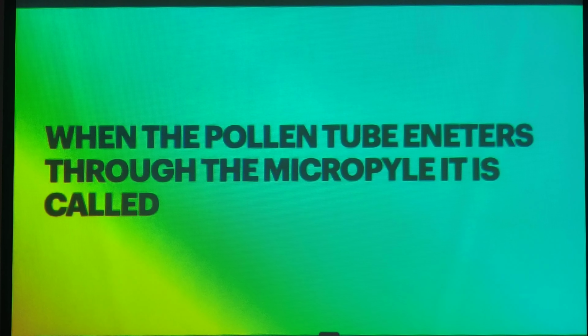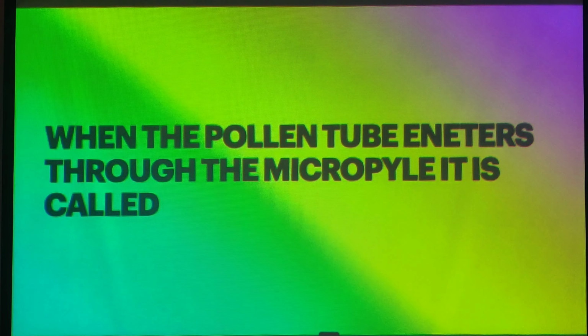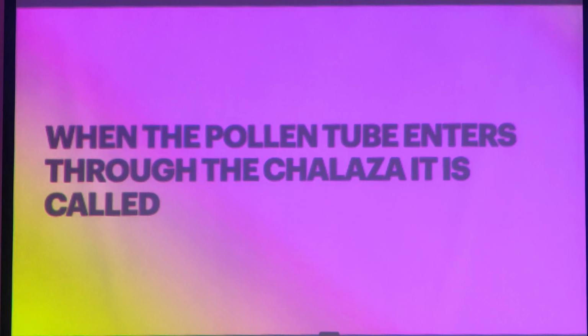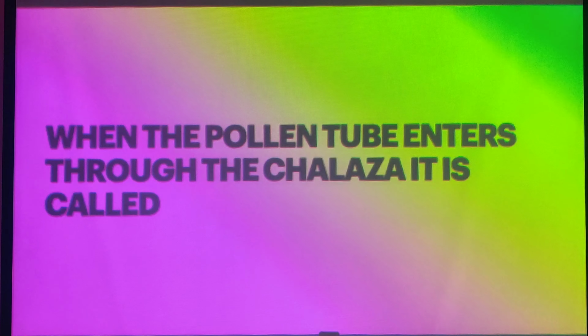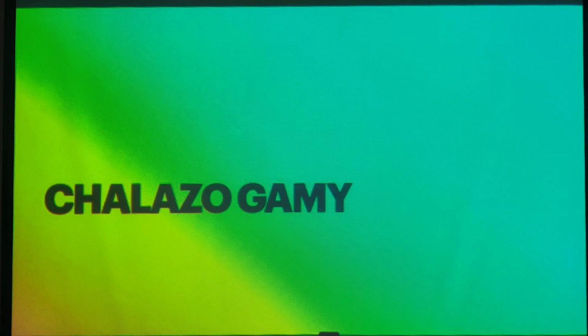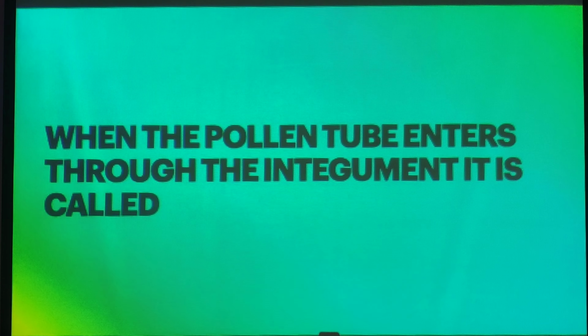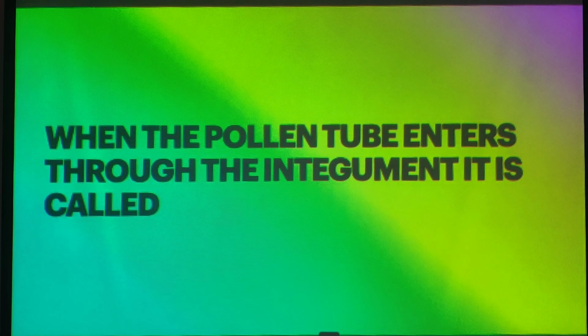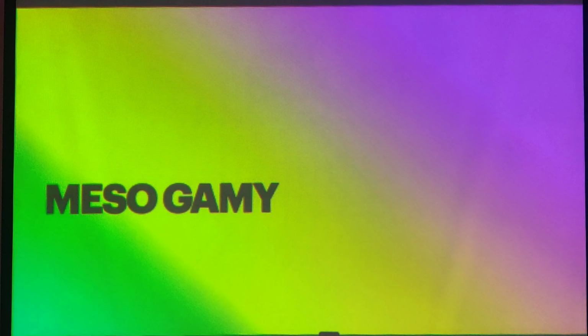When the pollen tube enters through the micropyle, it is called porogamy. When it enters through the chalaza, it is called chalazogamy. When it enters through the integument, it is called mesogamy.